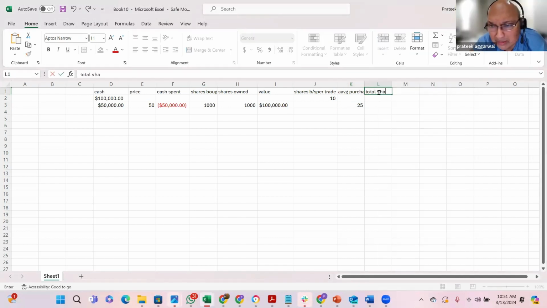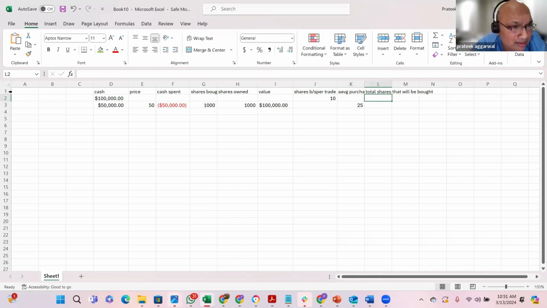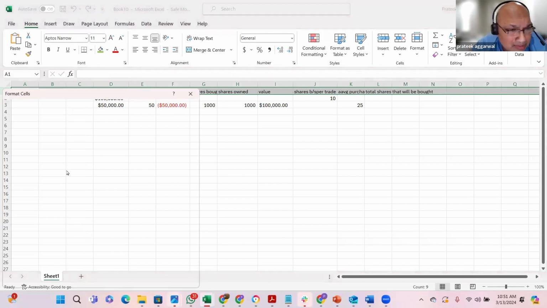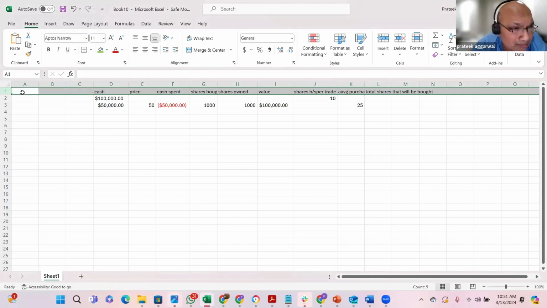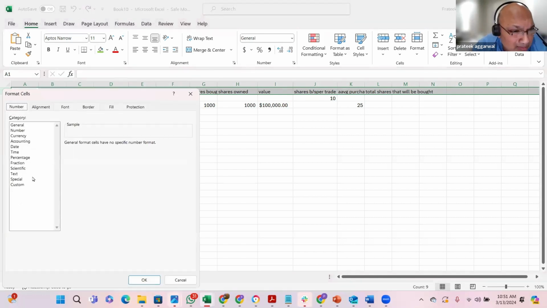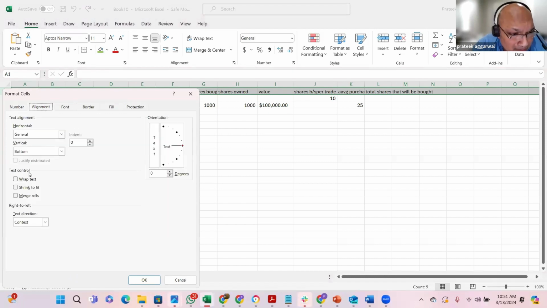Total shares that will be bought. And just to make this clearer, let me do this for my cells. Format cells, alignment, wrap text.